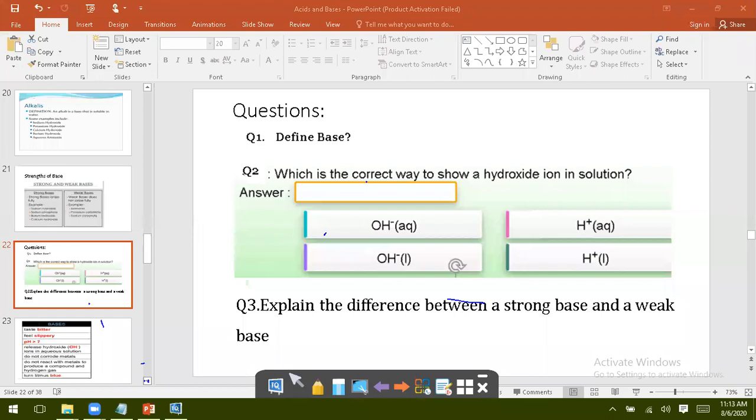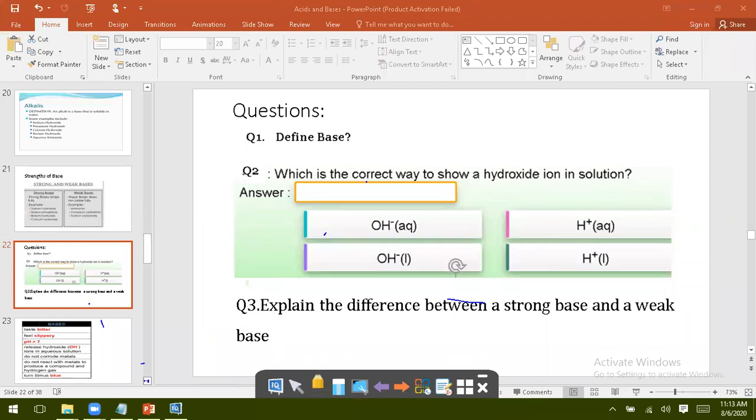At the end of the lesson, you should know how to define a base. If I ask you when you come back, what is a base? You should define a base as a substance which in water produces or increases hydroxide ion concentration. What is the correct way to show hydroxide ion in solution?